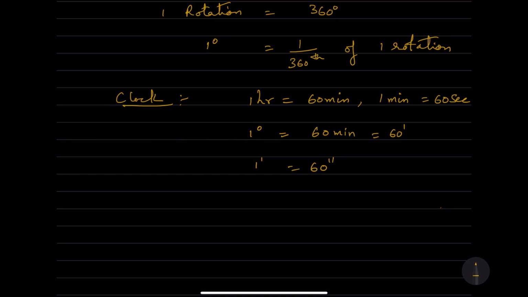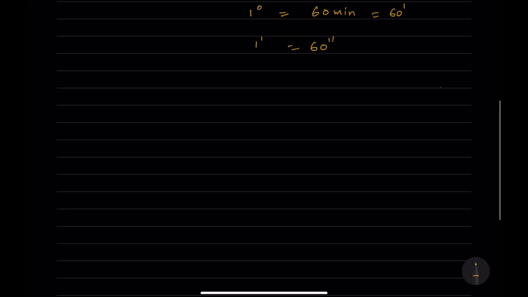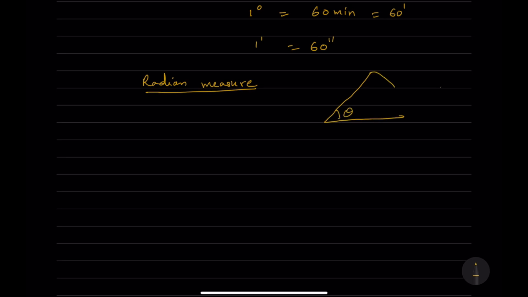Now, how do we write the radian measure in terms of degree measure? We know that this is an angle theta, this is the arc length, and this is the radius.